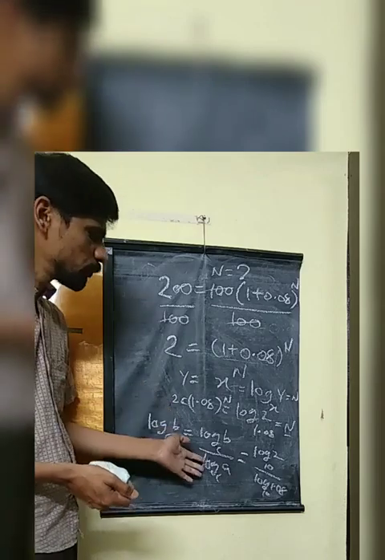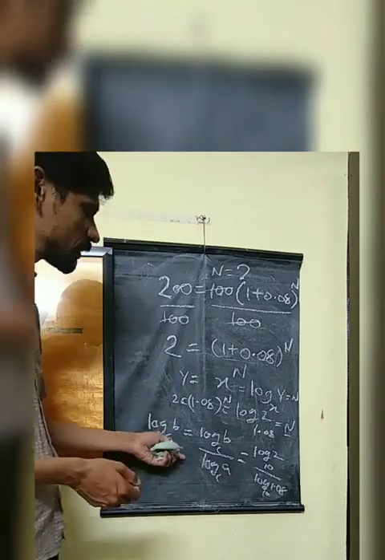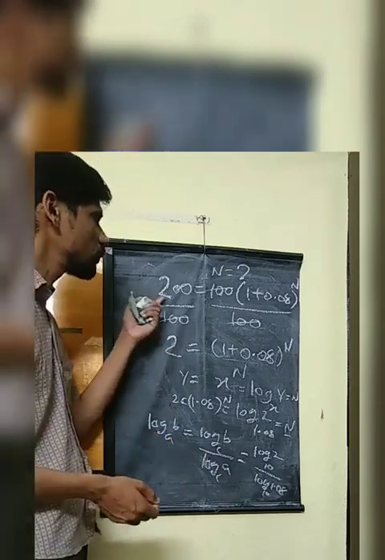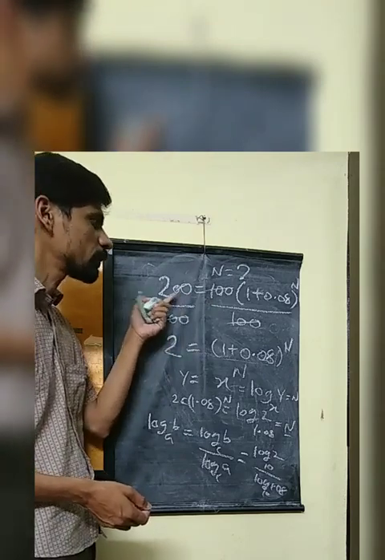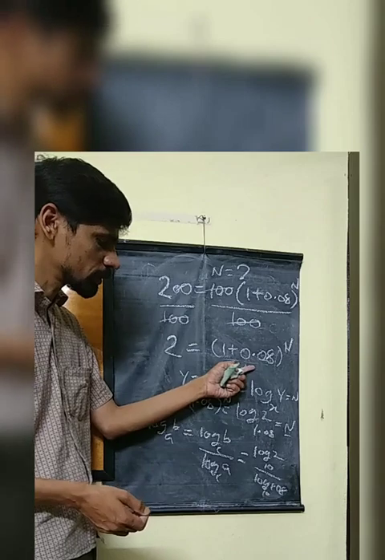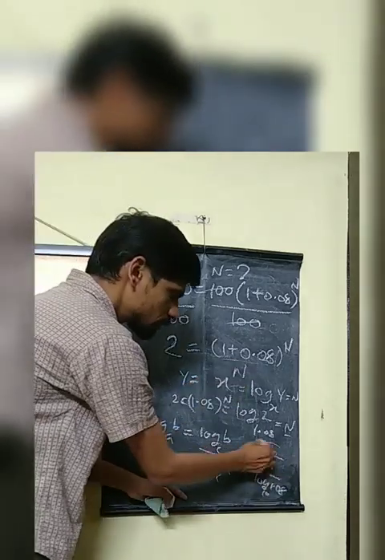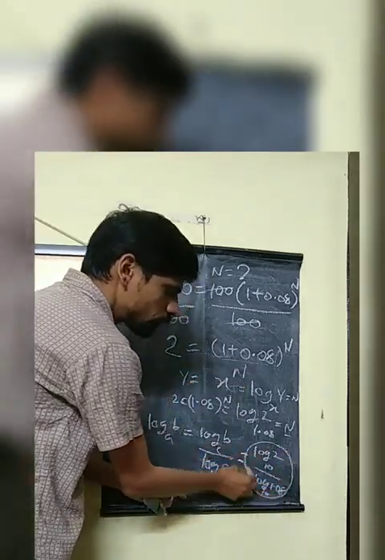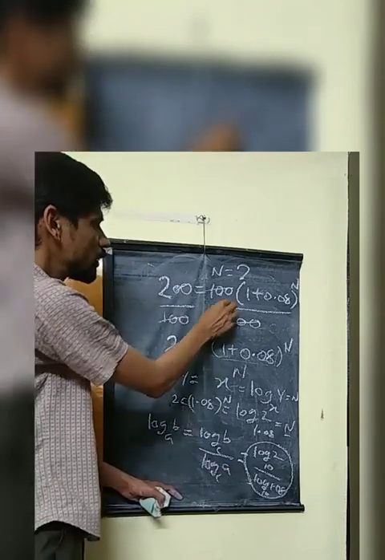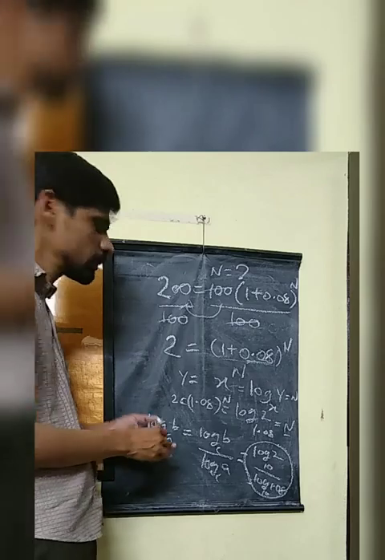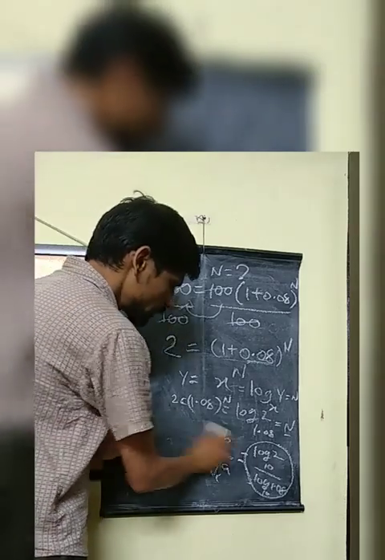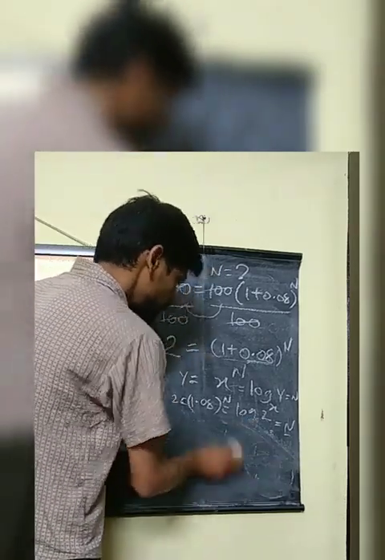So this is how we used our change of base law. Now this 100 amount can become 200 with this interest rate in this much time. If you give this much time, then 100 will become 200 with this interest rate. Okay, so now we will see another sample problem.